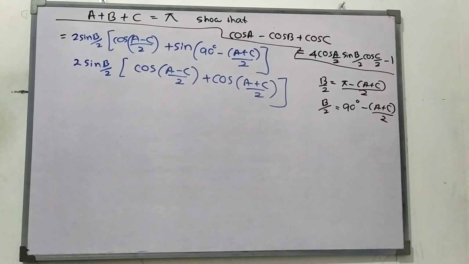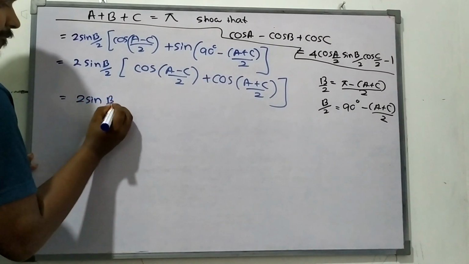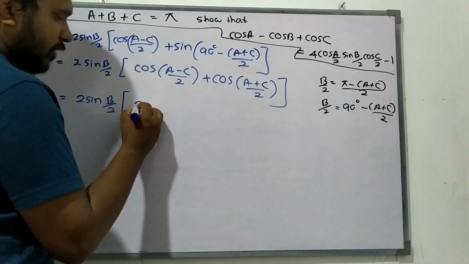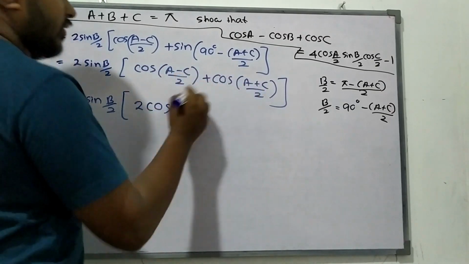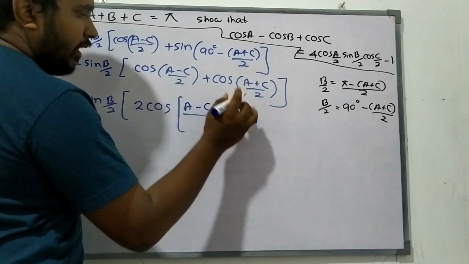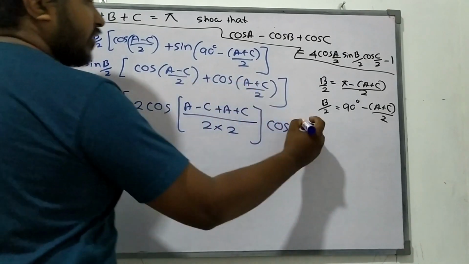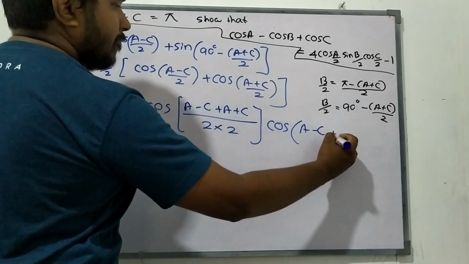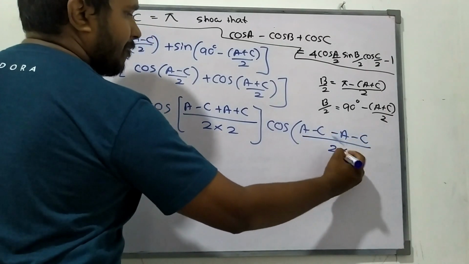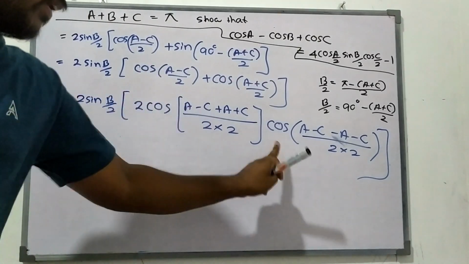And again I am going to apply C plus D. Cos plus cos means 2 cos addition divided by 2, again 2, and cos subtraction divided by 2, because you have 2 and you have to divide again by 2.